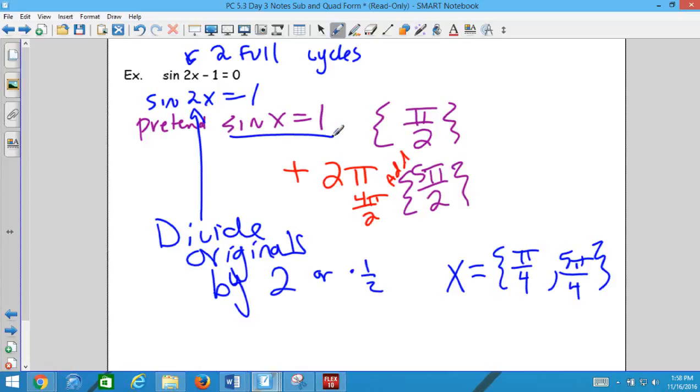So if I graph sine x twice, that's going to give me my 2 full cycles, right? But to get the second one, it's a full 2 pi. So every cycle that we're adding on, you always add 2 pi. This is what you're going to do every time.